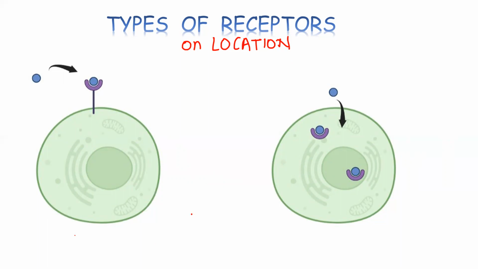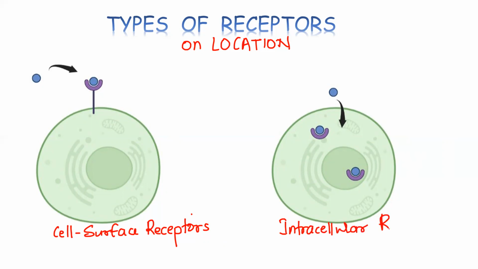In the first diagram, they are cell surface receptors, present on the surface of the cell, not inside it. The second type are intracellular receptors, which we commonly call nuclear receptors.